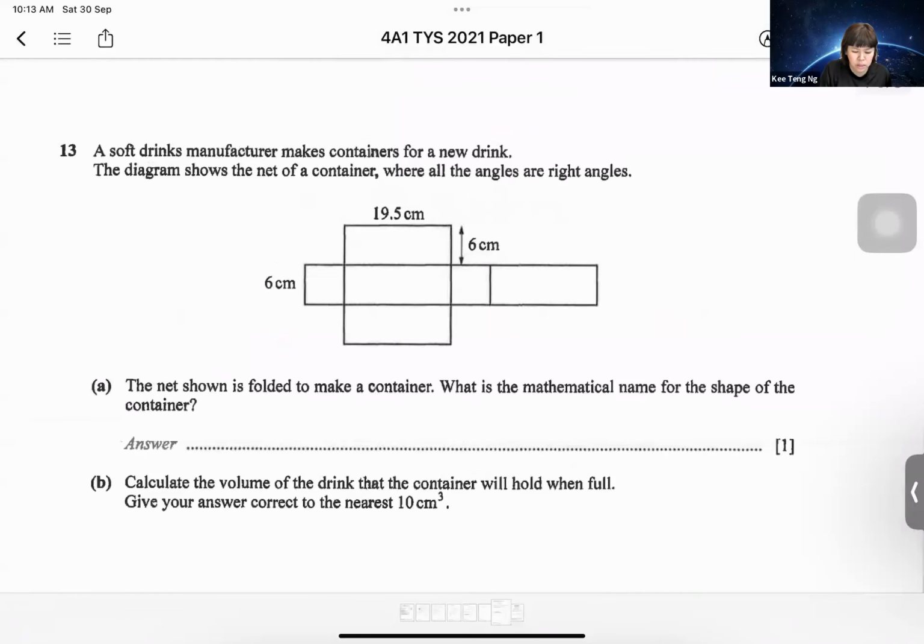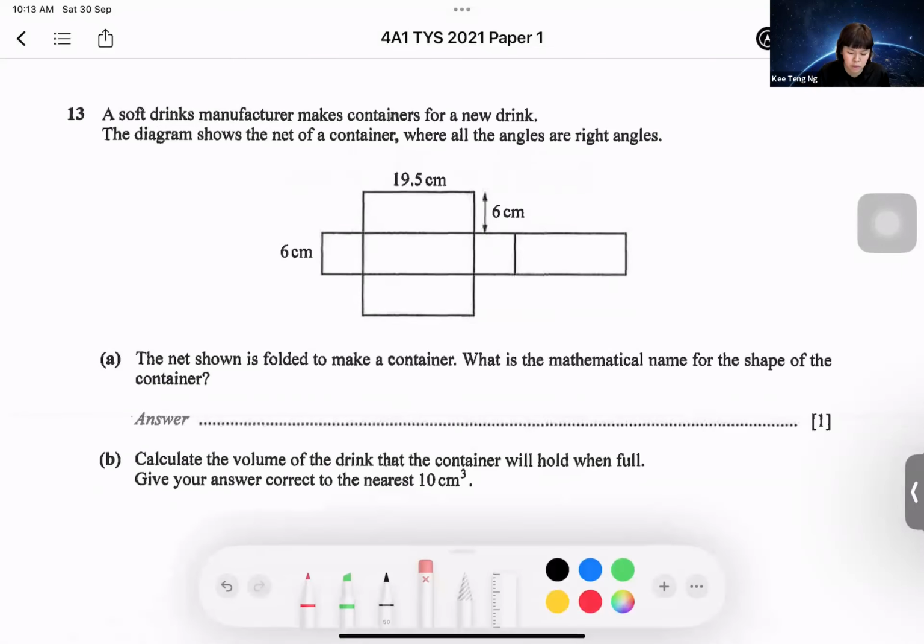Next question over here. The manufacturer forms this whole thing into a container for a new drink. The diagram shows a net where all are right angles. So later when they fold up, it will look something like this. It looks something like a box.